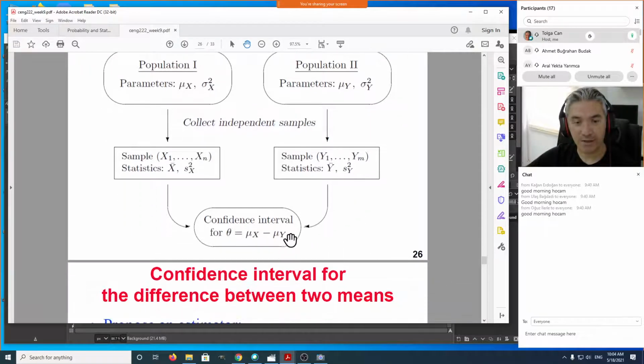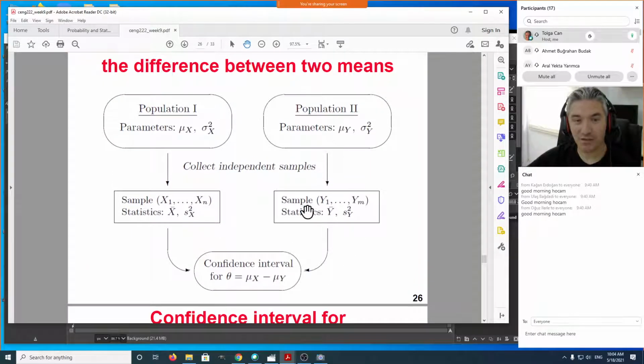We can get an estimator for the difference between these two means. If the estimate is, for example, 0, it means that they are not different. If theta is something positive, this is Northern Europeans' height minus Southern Europeans' height.